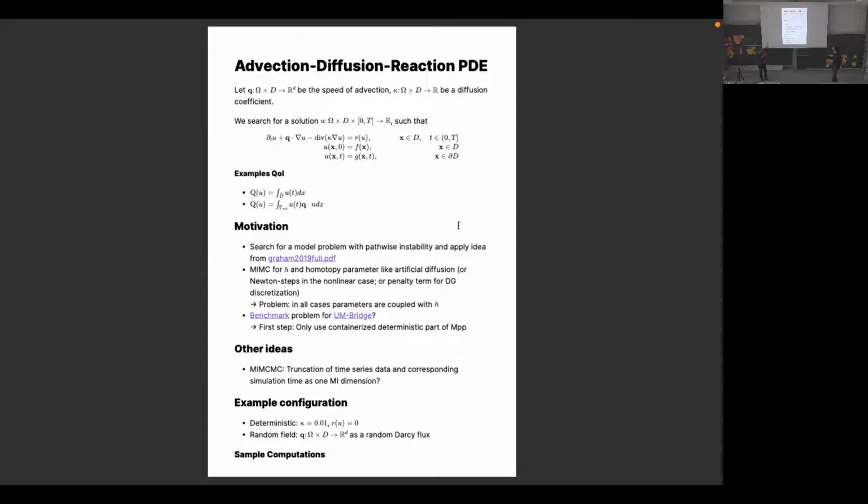But just to motivate the model problem: an advection diffusion reaction equation, so maybe nonlinear or linear, such as given above. And the idea was to apply these ideas from Rob's paper to stabilize it at least pathwise.